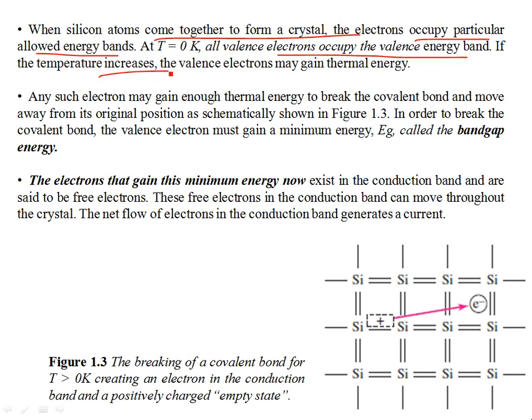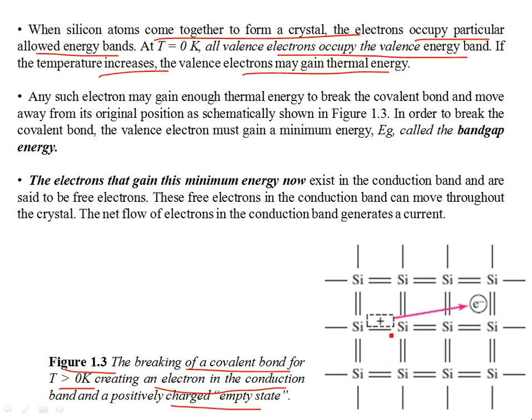And if the temperature increases, the valence electron may gain thermal energy. So what happens over here? Look, in this figure 1.3, there's a breaking of a covalent bond. If you increase the temperature, then an electron might get excited, and it jumps into the conduction band and creates a positively charged empty state.